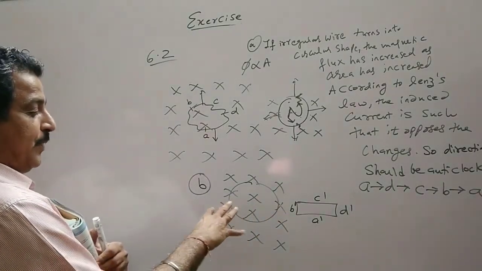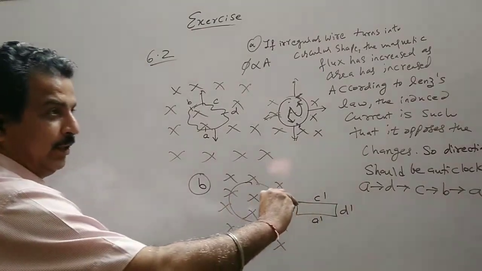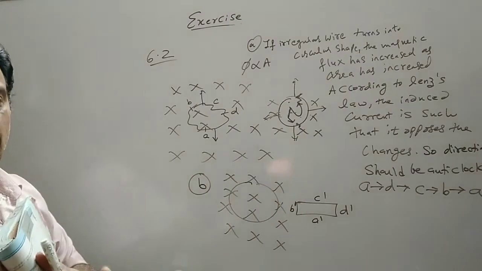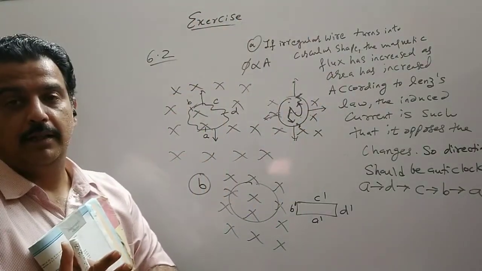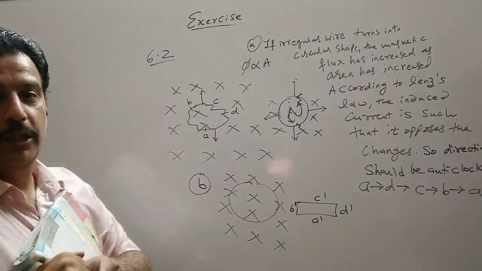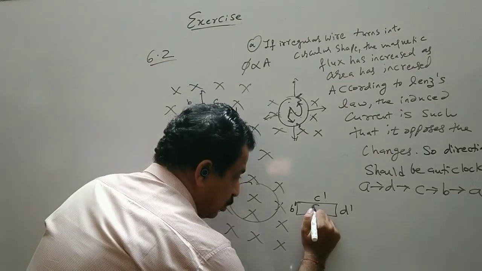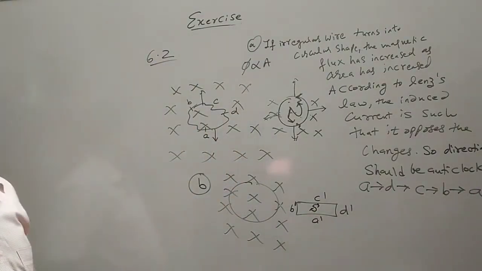So earlier, if we have say 3 or 4 lines going in, now if you deform it, the number of field lines will decrease, or the magnetic flux will decrease. That is opposite of this. It should not decrease. So more field lines should go inside, which means the polarity should be south.